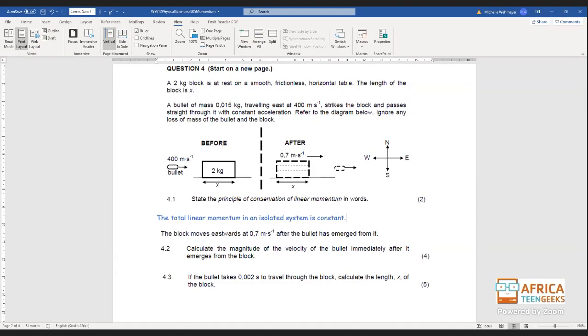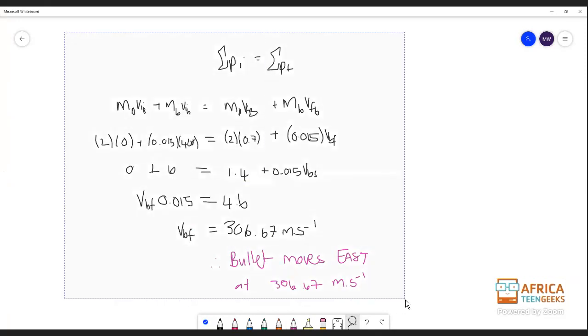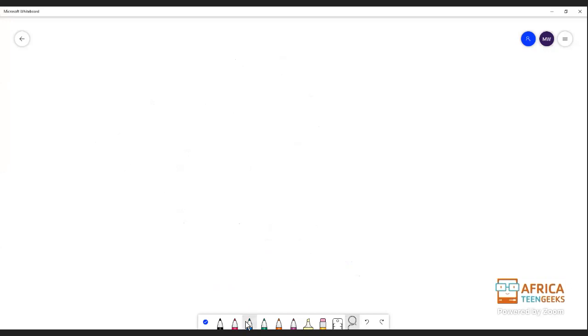So what we are going to do is use one of our formulas we learned in grade 10 for velocity, distance, and speed. So I'm going to use the formula delta x is equal to (vi plus vf) divided by 2 times delta t.